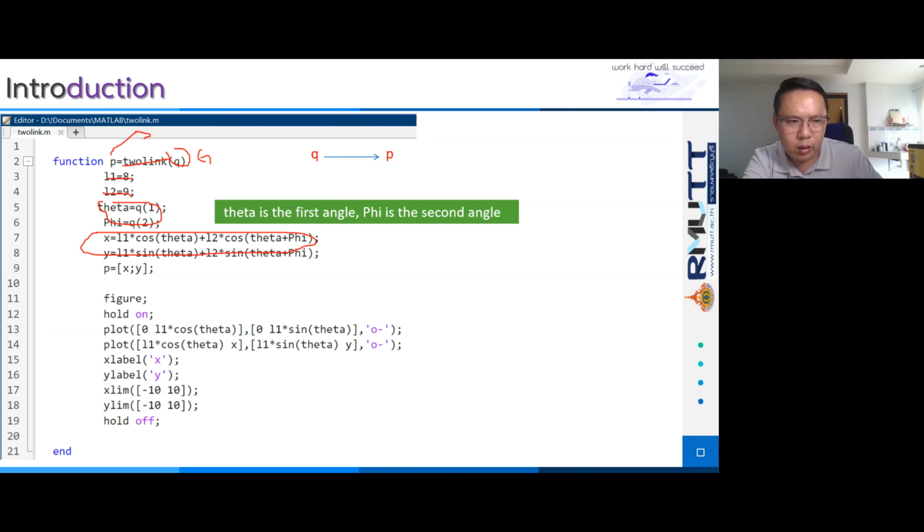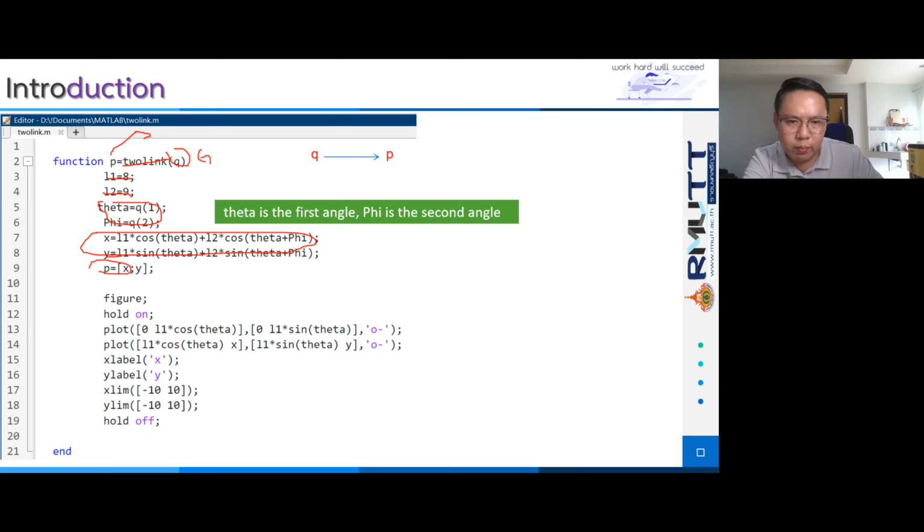X is the horizontal position, calculated as the sum of the projections of both links along the x-axis. Y is the vertical position, calculated as the sum of the projections of both links along the y-axis.